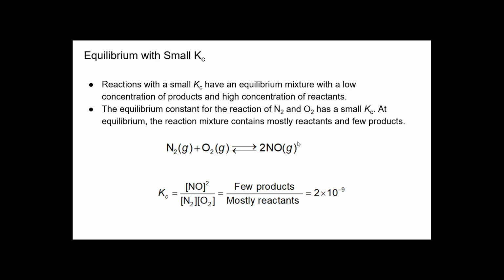We have nitrogen and oxygen, and it produces nitrogen oxide. At equilibrium, the reaction mixture contains mostly reactants and few products. How do I know that? Because I can look at this number and instantly tell you that this has a very small equilibrium value, and it contains a very small concentration of products and mostly concentration of reactants.